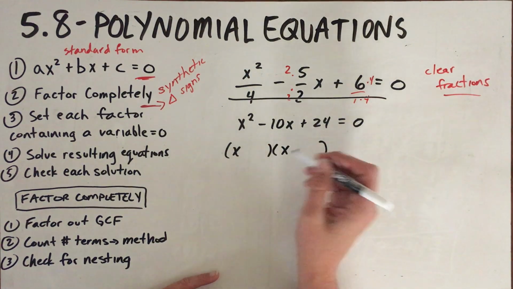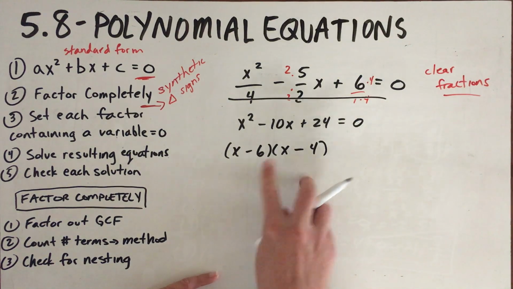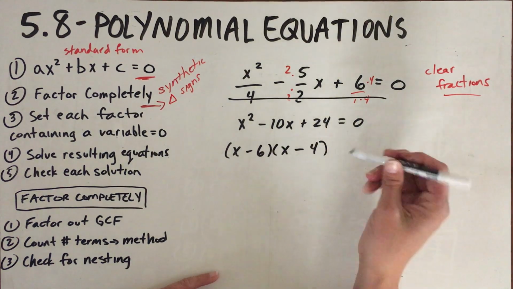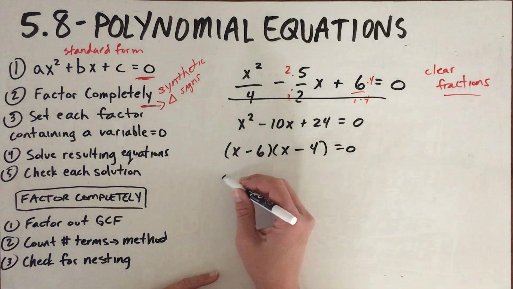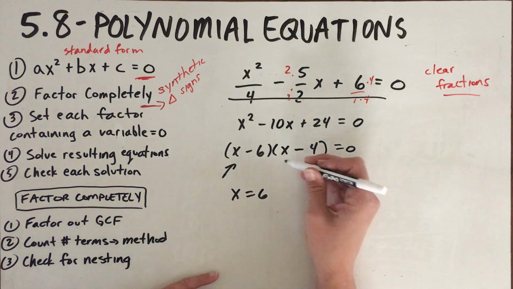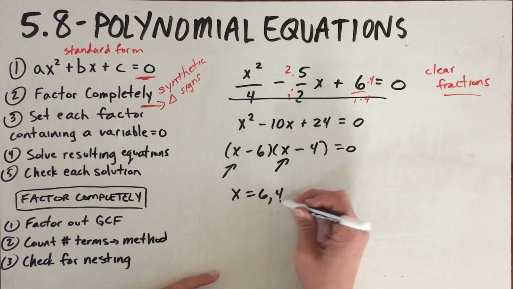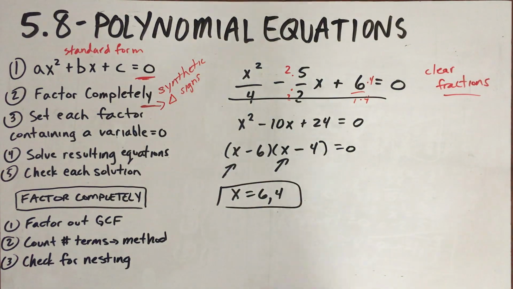The factors of 24 are going to be -6 and a -4. Those multiplied to the 24 and sum to the 10. And what I would have to plug in to this factor right here would be 6, and to this factor right here would be 4. So those are my 2 answers, which I should get to here.